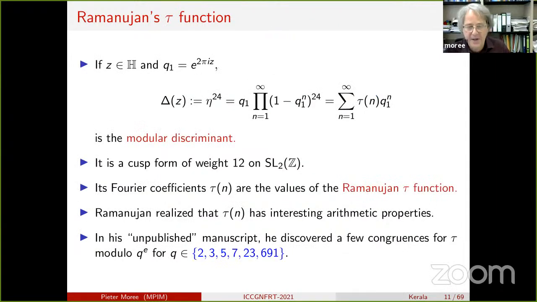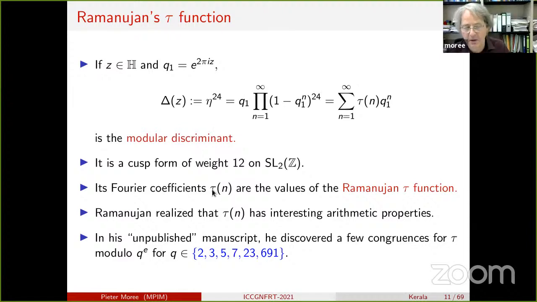So one of the main players in that manuscript is the Ramanujan tau function. And since for me the q that you always have when you're working with modular forms is going to be a prime, I just took a q1 here. But in essence, you have this infinite product, and there you have the coefficients, and those are the Ramanujan tau function. And this form delta is called the modular discriminant.